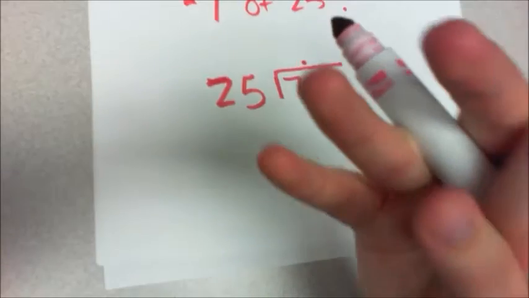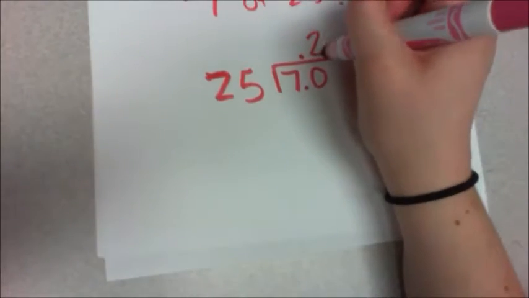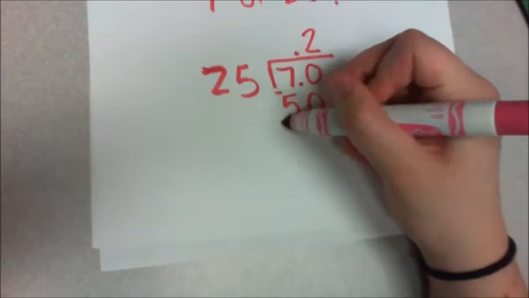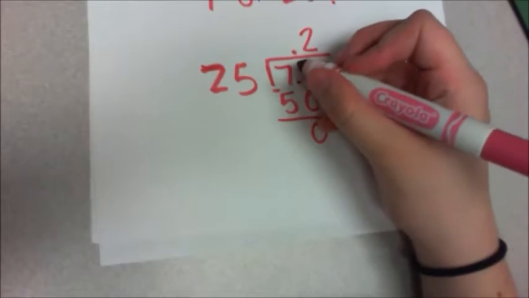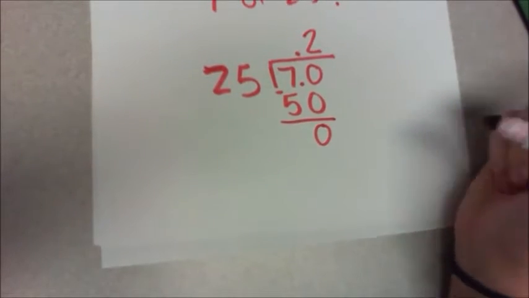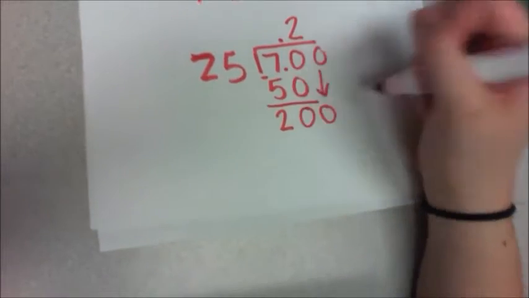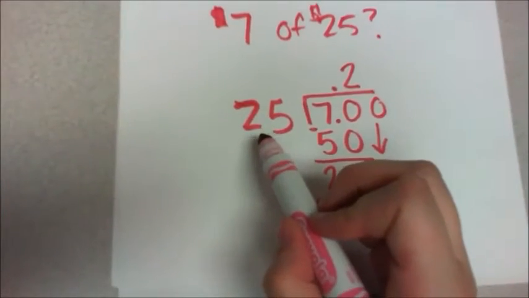25, 50, 75. So 75 is too many, so 2 quarters. 2 times 25 is 50. Then we subtract. 0 minus 0 is 0, and 7 minus 5 is 2. Bring down another 0. So now we have $2.25.